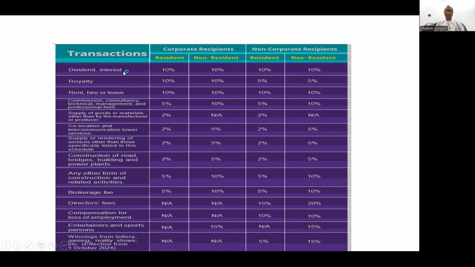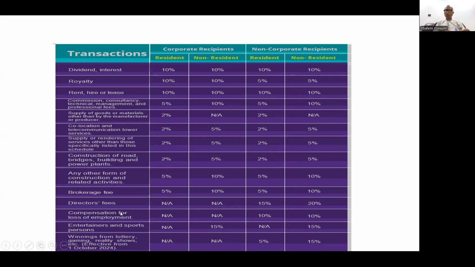You can see dividend here, and you can see royalty, 5% for non-corporate recipients. The non-corporate means the individuals and maybe unincorporated organizations. So we have rents, hire, or lease. We have commissions, we have supply of goods other than those the manufacturer produced. These are the different forms.